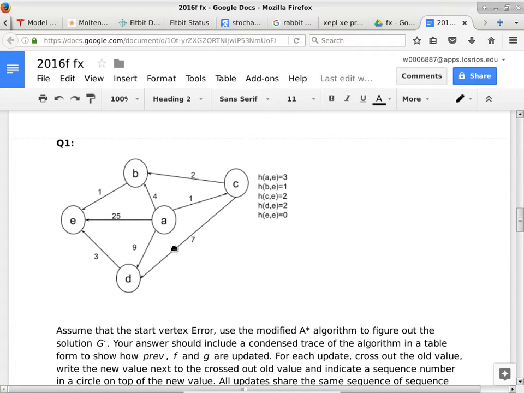Okay, all right. So you also see on the whiteboard or on the projector, we have HAE equals 3, HBE equals 1, and so on. Those are called heuristics. In other words, each one, HAE, is guesstimating, basically estimating from A to E what is the cost. Now we see that in this case, that's kind of pointless because we have an edge connecting A to E directly, which has a cost of 25.